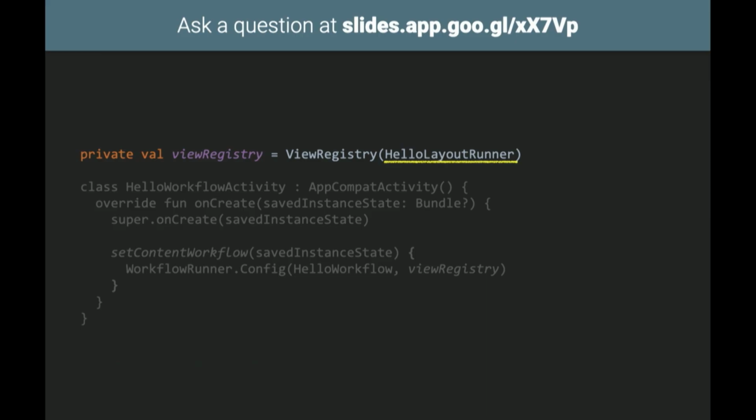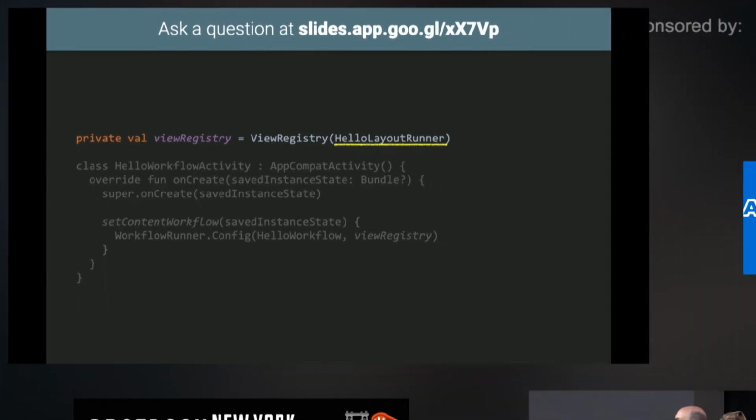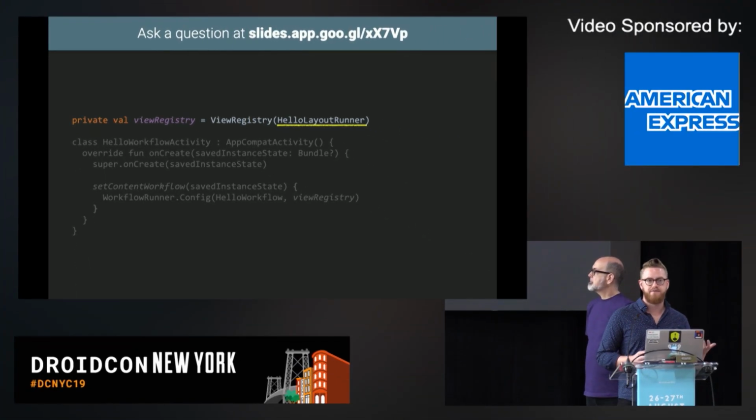We add that to this view registry. A view registry is basically just the total map of all of your view bindings. You can merge view registries like you can merge maps. So it works really well with modular apps if you have a lot of modules. If a module has a set of screens, it can vend a view registry for all those screens, and then your app module can take all of your view registries and combine them, and now you've got a view registry for your entire app.